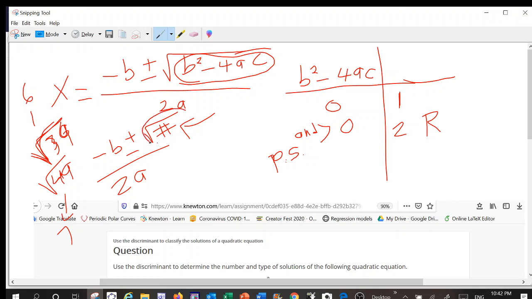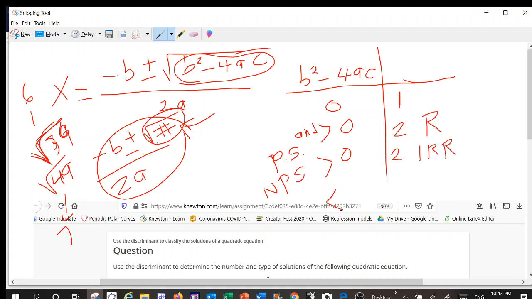So we end up with an irrational number here. And if you add or divide by any number, if you have an irrational number, the result also will be irrational. So if this is greater than 0 but not a perfect square, then we're going to have two irrational numbers that are solutions.